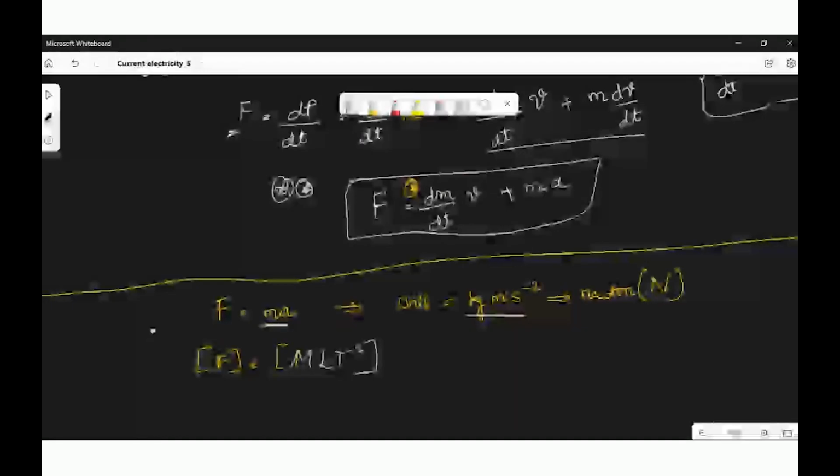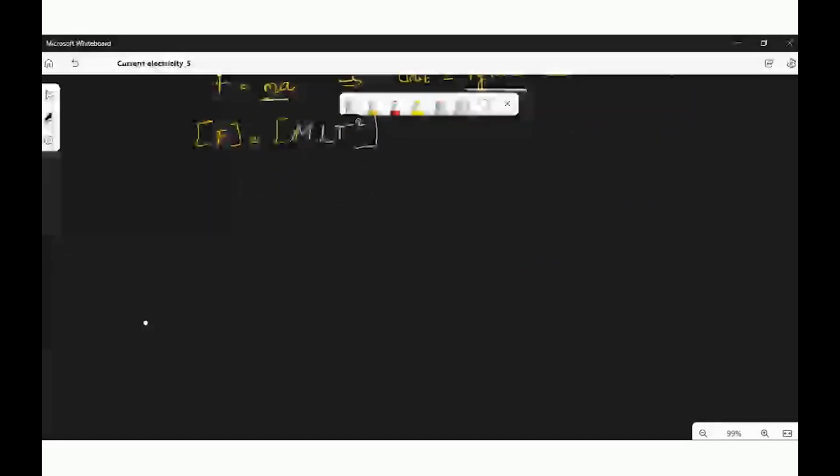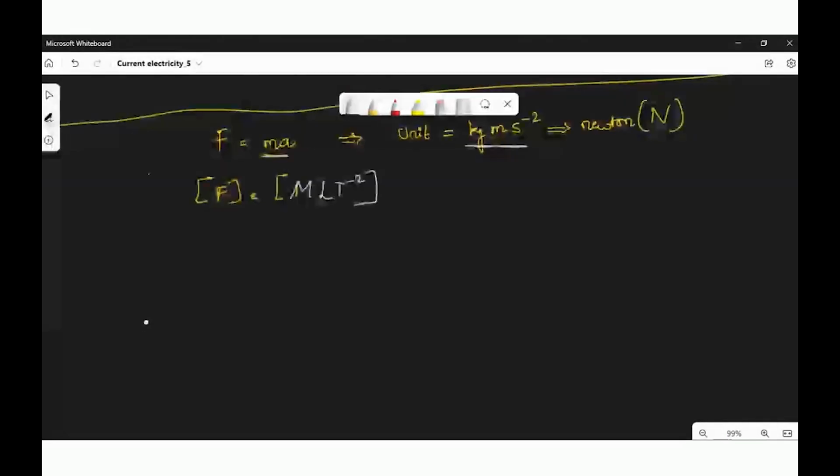I think you know that force is a vector quantity, correct? Yes, force is a vector quantity. If I want to represent it in 3 dimensions, how can I write?